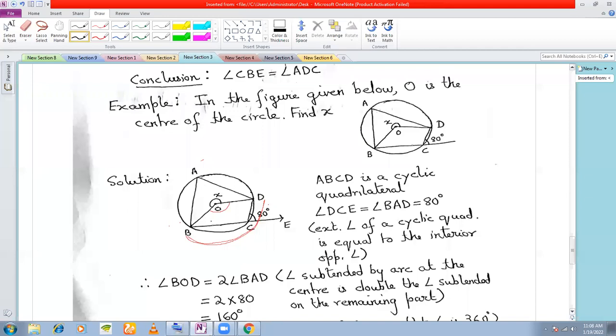You know that the angle subtended by an arc at the center is double the angle subtended by it on the remaining part of the circle. So this 80 degrees is the angle on the remaining part of the circle. Therefore this angle here must be double of 80 degrees, which is 160 degrees, right? So what should x be? Because you have one complete angle here, 360 degrees, x will be equal to 360 minus 160, which is 200 degrees. So x is 200 degrees. Fine.